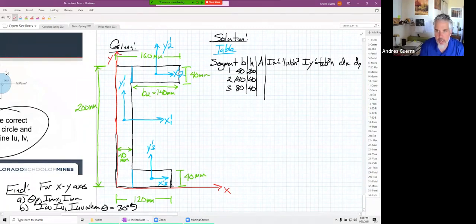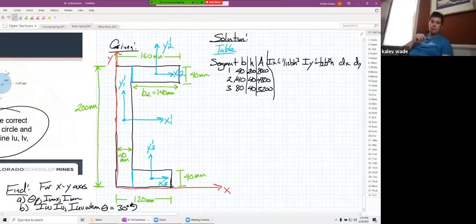So this one is 8,000. The next one is 4,800. And then the next one is 3,200. Let me erase that line right there so we can see where this column is cut off. For segment 2, it's 120 millimeters, not 140.